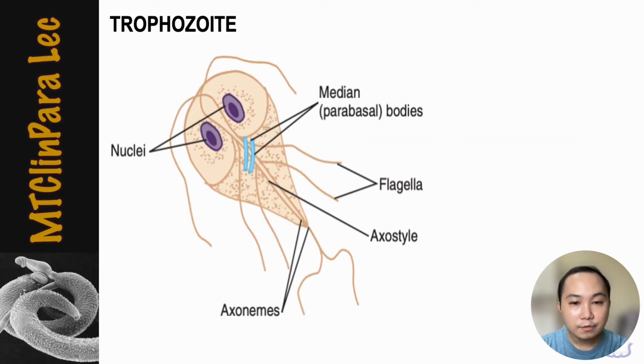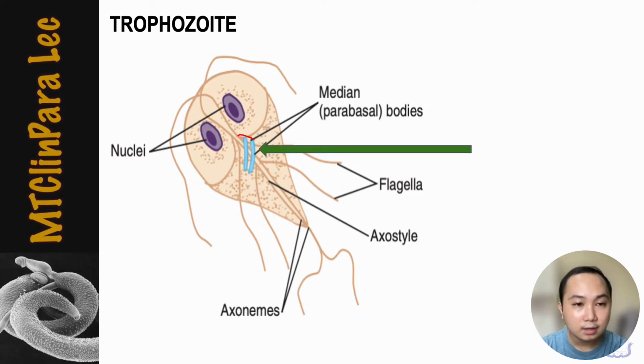So let's go to the morphological form. Just like your amoeba, your flagellates may have the trophozoite form, which is probably the most common one, especially in your Trichomonas species. Your trophozoite contains your median or parabasal body.